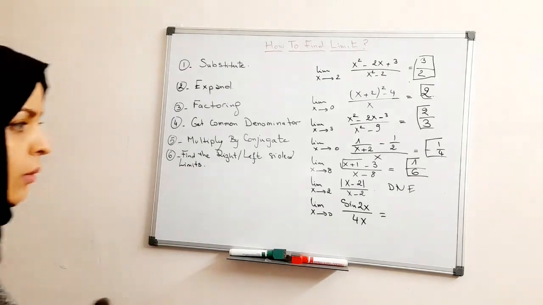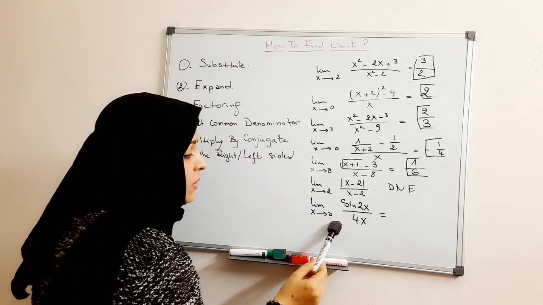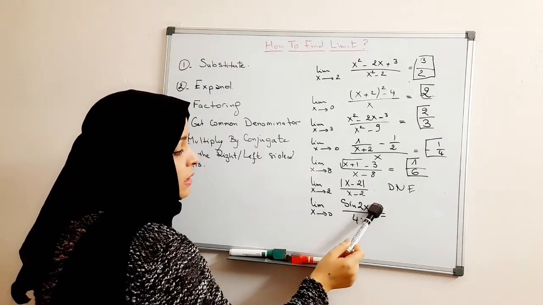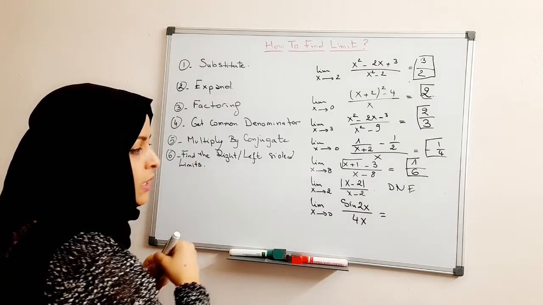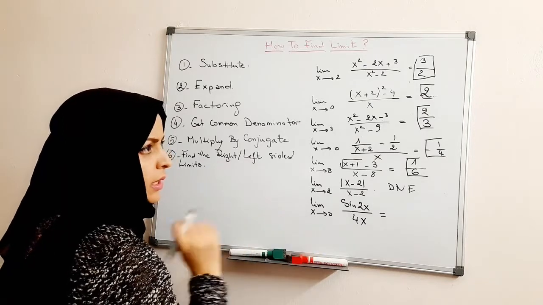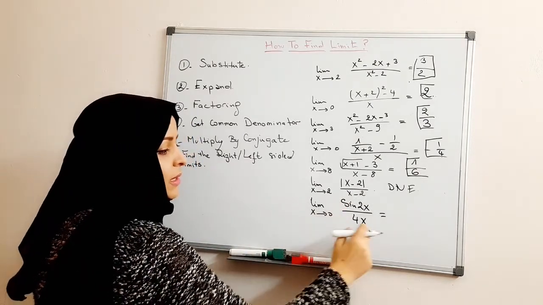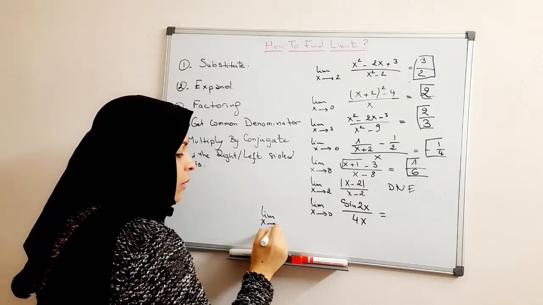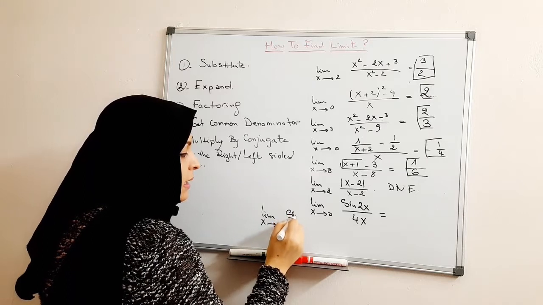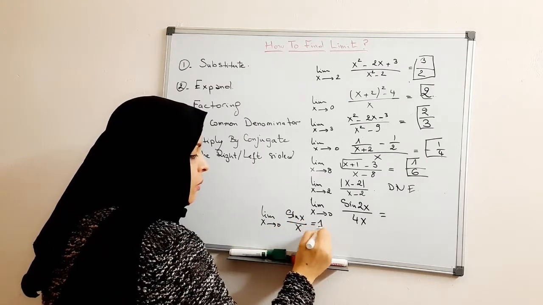So for example, here we want to find the limit when x tends to 0 of sin 2x over 4x. The standard limit that we know and that is similar to this expression is the limit when x tends to 0 of sin x over x is equal to 1.